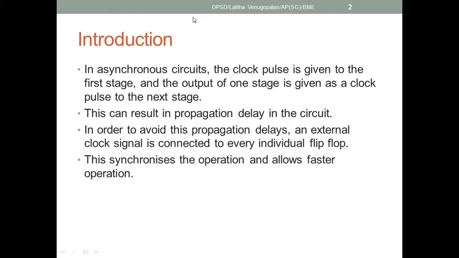This is also called propagation delay. In synchronous circuits, we use an external clock signal that is connected to every stage of the circuit, so that all stages simultaneously receive the clock signal and therefore the propagation delay can be reduced. This also synchronizes the operation and allows faster operation.